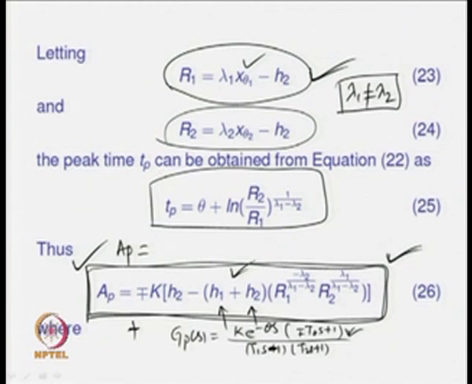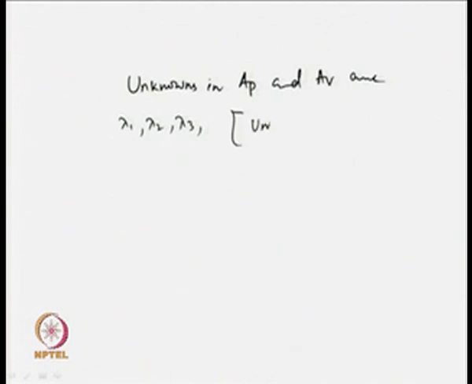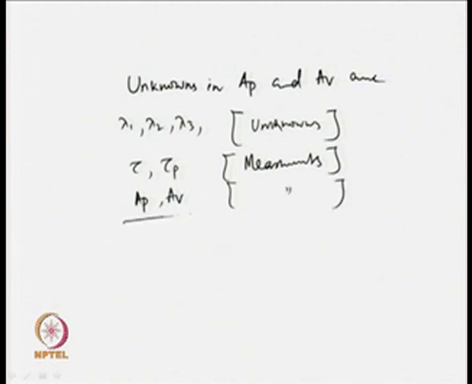So, if you look carefully, the unknowns in the expressions for AP and AV are lambda 1, lambda 2, lambda 3, whereas we have got the measurements tau and tau p, along with AP and AV, which are also a set of measurements, and the user defined values are H1 and H2.